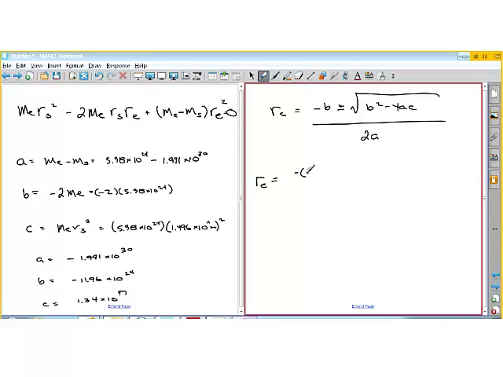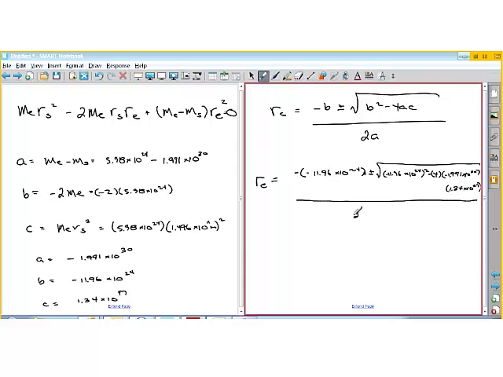Okay, so we get negative b, which is 11.96 times 10 to the 24th, plus or minus the square root of b squared, which is negative 11.96 times 10 to the 24th squared, minus 4 times A, negative 1.991 times 10 to the 30th, times C, which is 1.34 times 10 to the 47th power, and that whole thing divided by 2 times A, which is negative 1.991 times 10 to the 30th.